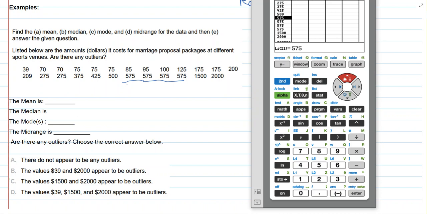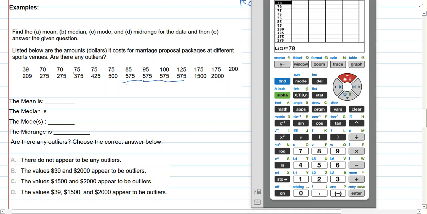Oh, mercy sakes. I have to clear enter because I do not see my Bobo. There's three of these, two of the 70, and one of the 39.